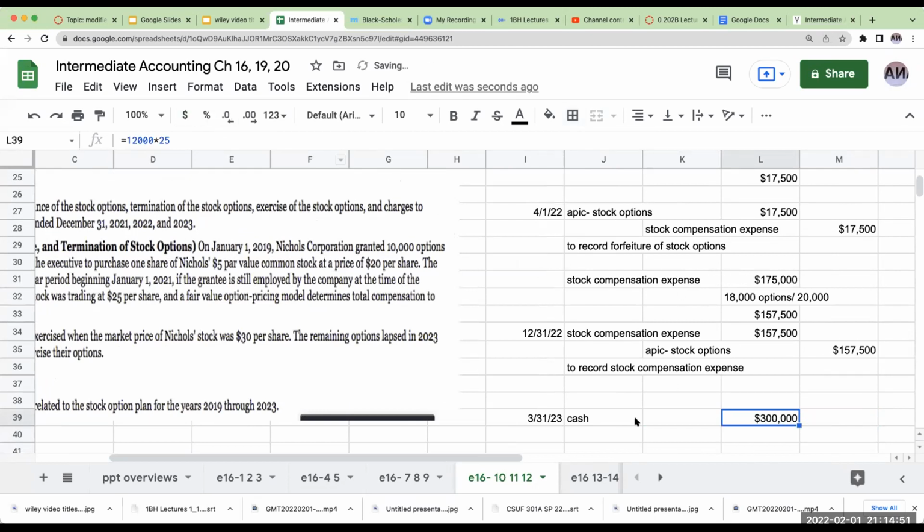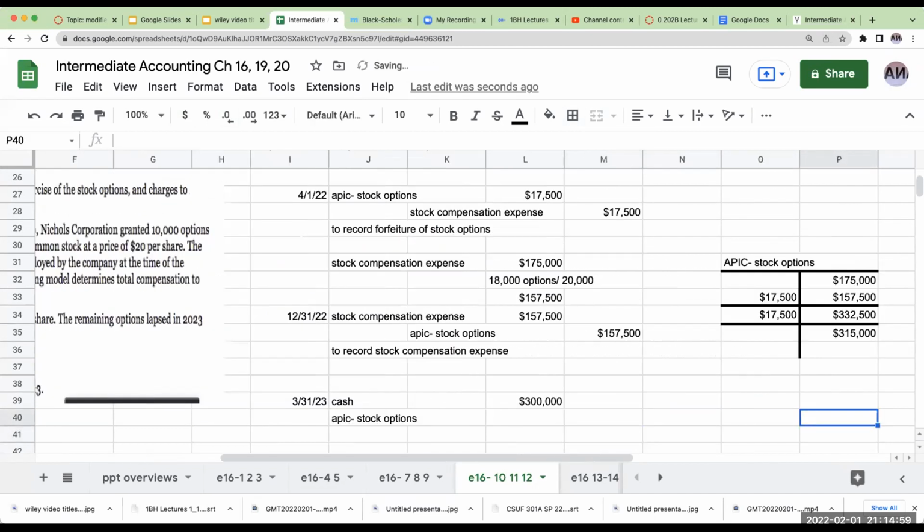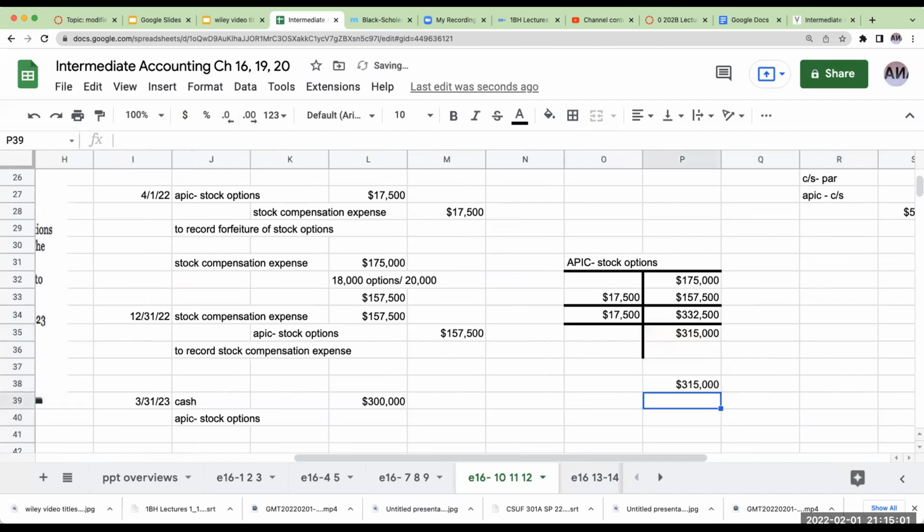Now, the next thing I'm going to do is debit additional paid-in capital stock options. Now, of these amounts over here, of this 315,000, what's being exercised? Well, 12,000 options of the 18,000 options are being exercised.